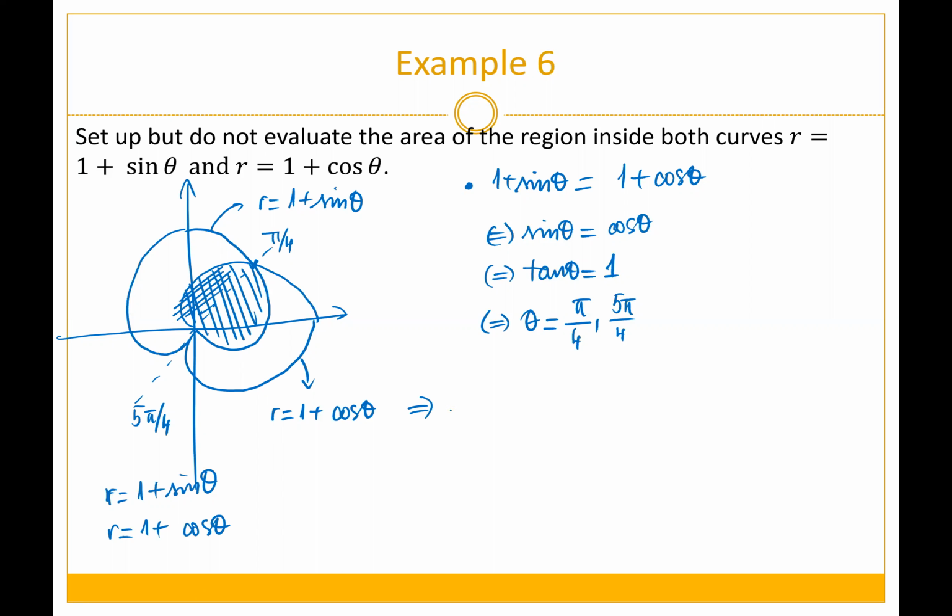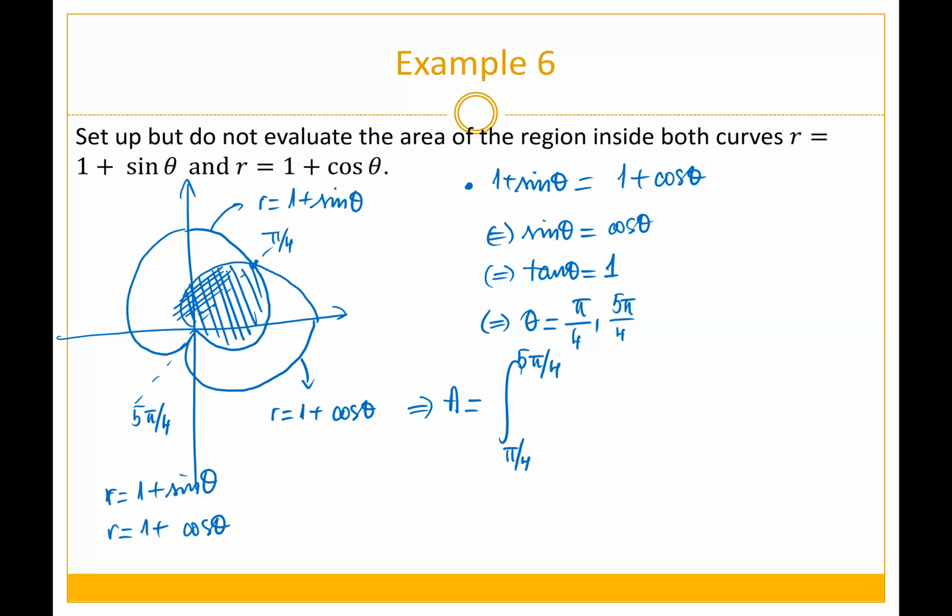So your area is going to be from, first from 0 to, let's see, let's just use the symmetry. So it's from pi over 4 to 5 pi over 4, because you already use a half over there.